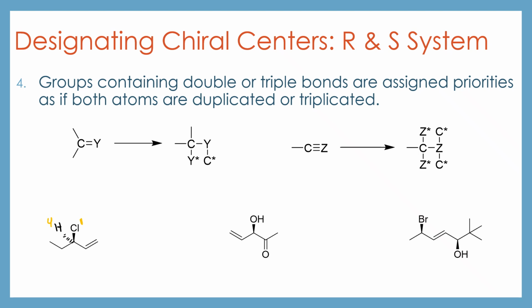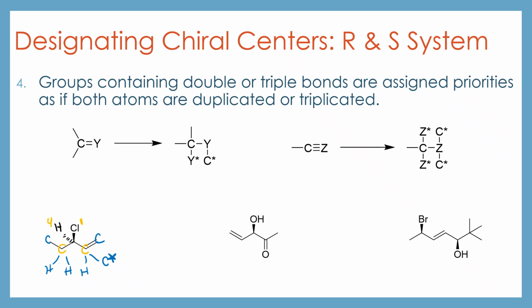So now we have to decide, we have carbon and carbon here, but then when we get out to the next level, the carbon on the left is attached to a carbon and two hydrogens. The carbon on the right is attached to a carbon and a hydrogen, and then we also have to fill in that C star. So carbon, C star, hydrogen is more important than carbon, hydrogen, hydrogen. So our alkene is going to have the higher priority.